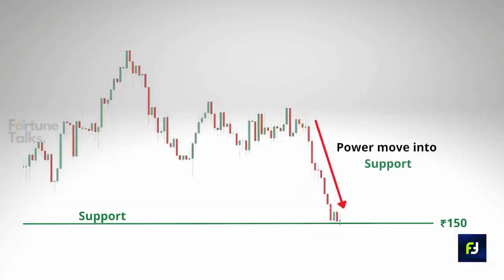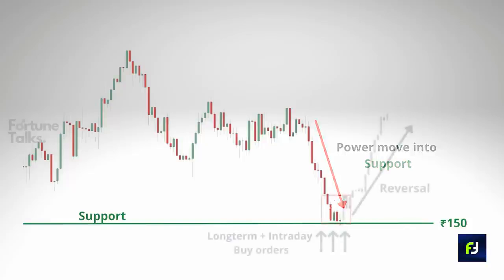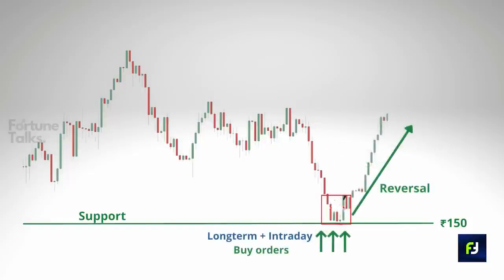And because of this reason, it will attract more traders from the higher time frame to pay attention to this particular level. And that is why you get a strong price rejection or a reversal at a level which has not been tested for a long period of time.